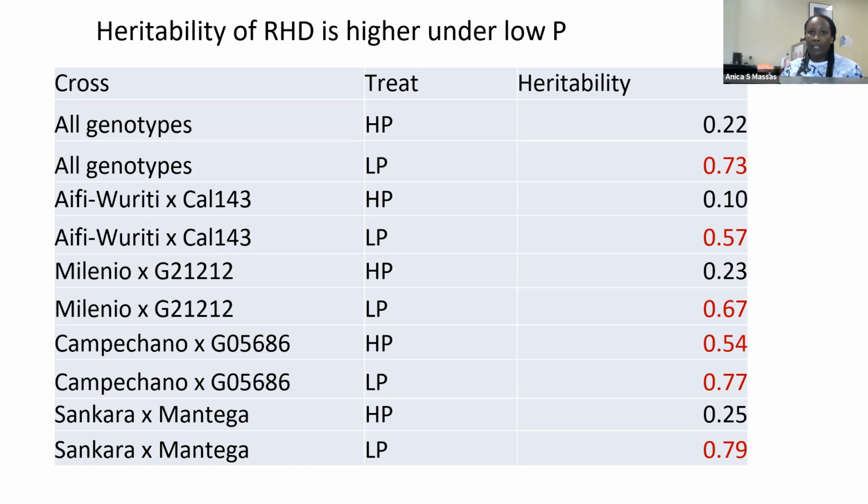Here I'm going to present just the heritability for root hair density, which we found is higher under low phosphorus, except for one genotype that performed very well under low and high P and has high heritability. One population performed very well under low phosphorus and high P.